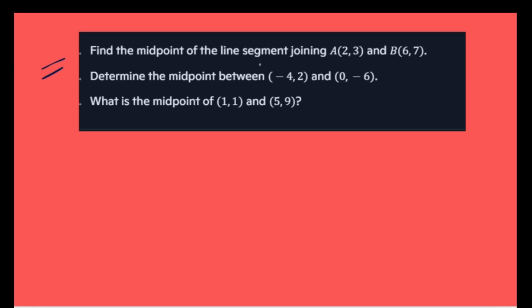Find the midpoint of the line segment joining these. Determine the midpoint between these. What is the midpoint between these? So this is the first, second and third question, same as what I have done. We are going to solve the second question because it has a negative sign. The formula is (x1 plus x2) by 2, (y1 plus y2) by 2.